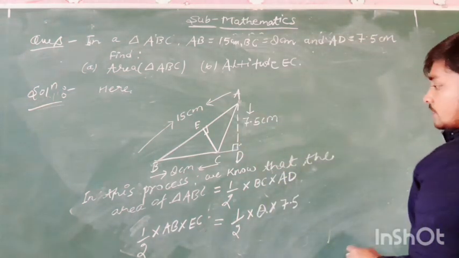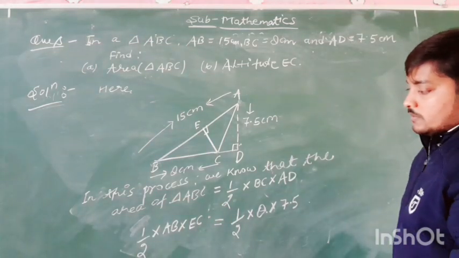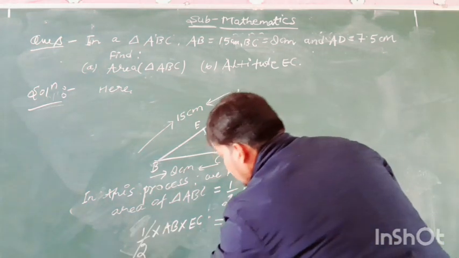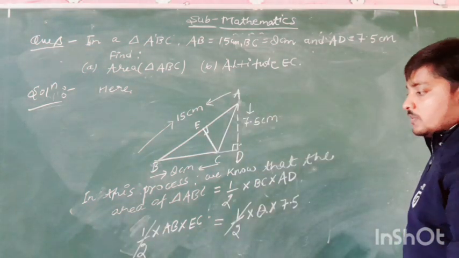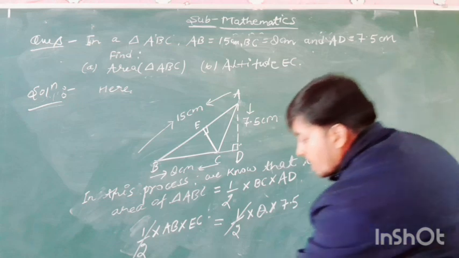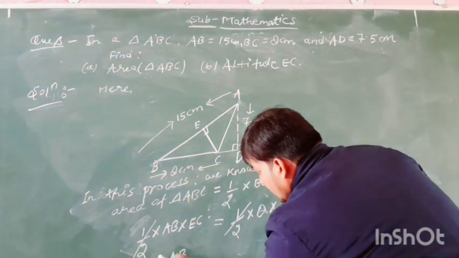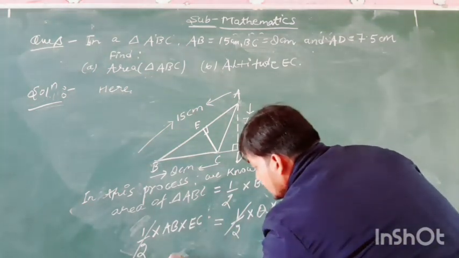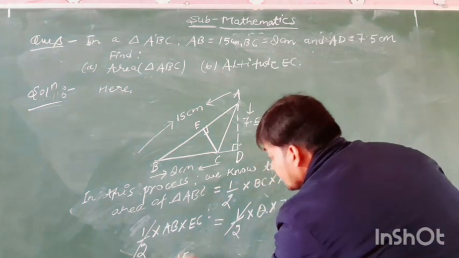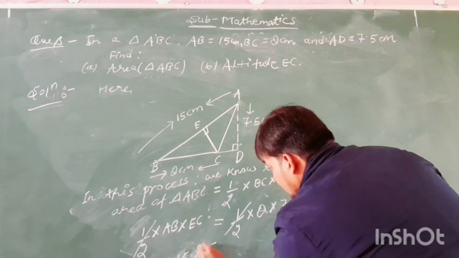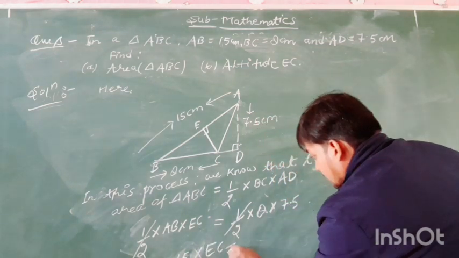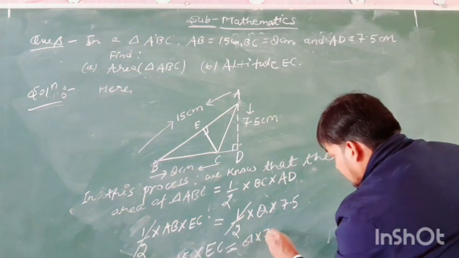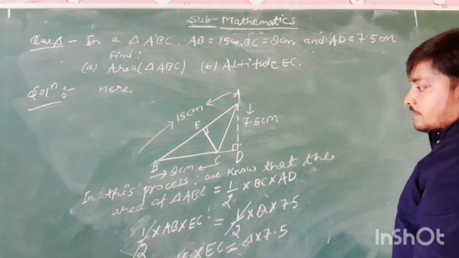So 1 by 2 and 1 by 2 is cancelled out from both sides, and we get AB, which is equal to 15 centimeter into EC, which is equal to 8 into 7.5.